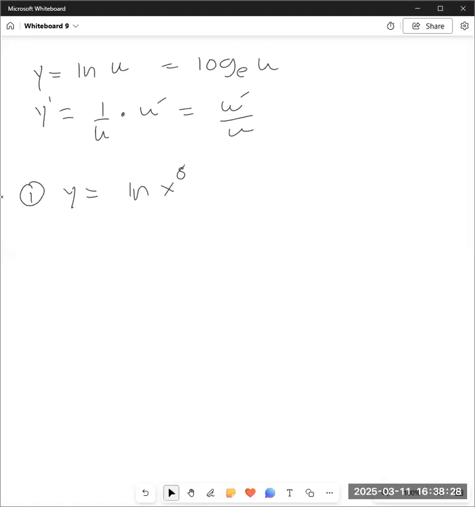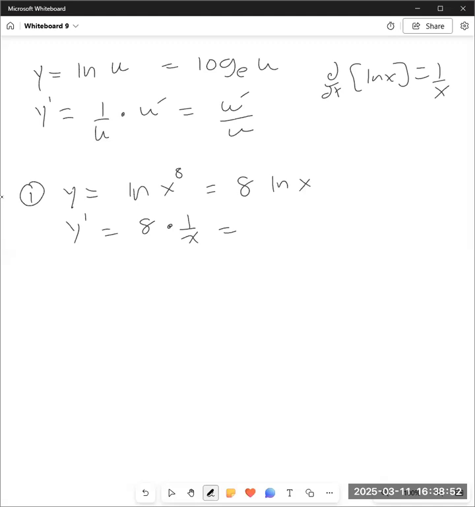Now we can either use the chain rule here, or we can use a log property, and I prefer to use a log property to help us simplify this first. That this is 8 times ln of x. So y prime is going to be 8 times, and then 1 over x is the basic form of this.